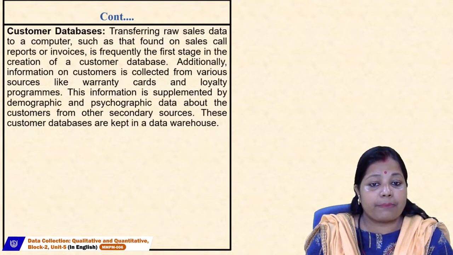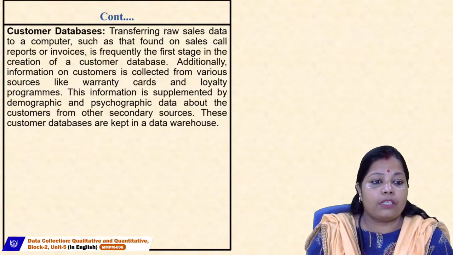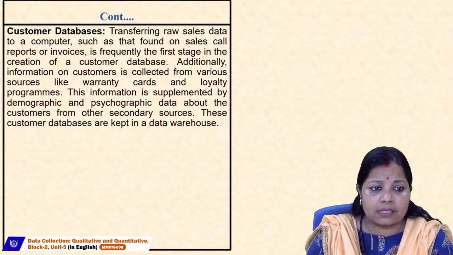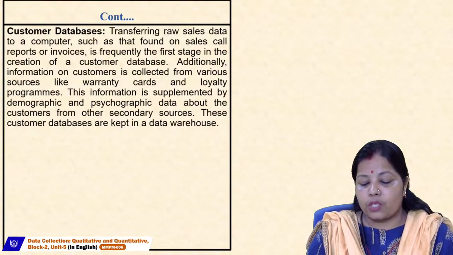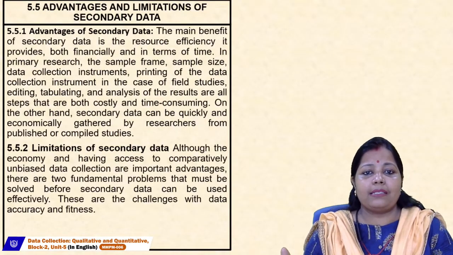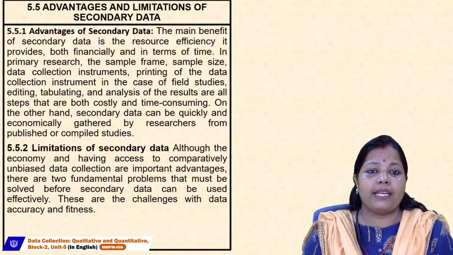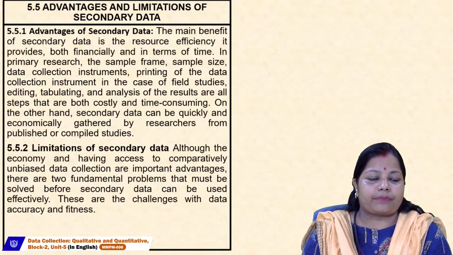This information is supplemented by demographic and psychological data about the customers from other secondary sources. So these customer databases are kept in a data warehouse. Basically, data warehousing means there is a storage capacity, a space where all the received data, which is very large in size, is kept in the same place.